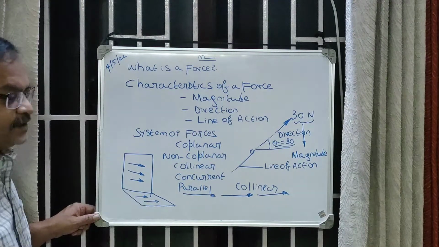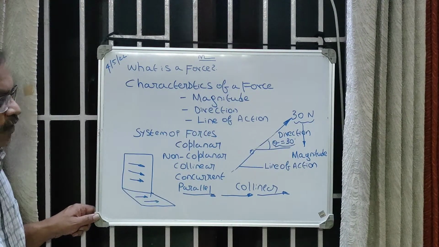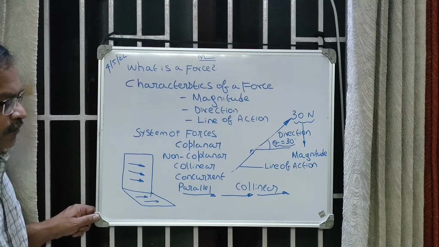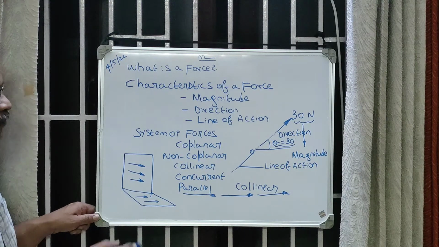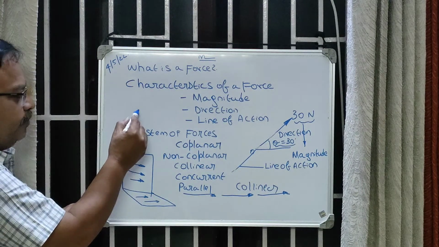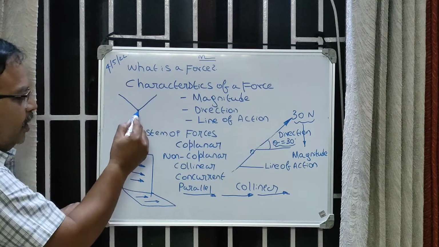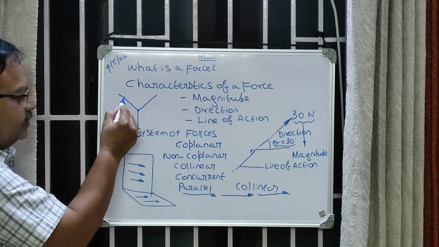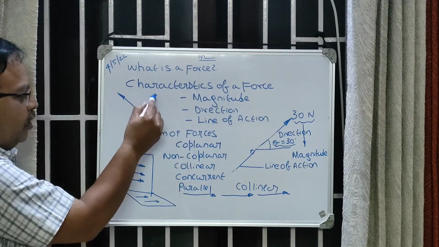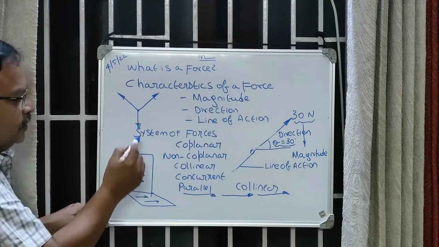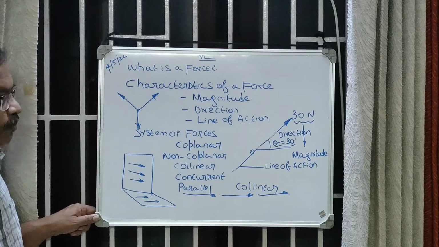The next category is concurrent forces. When all the forces converge at a single point, then they are called as concurrent forces. So suppose this is a particle and there are three forces acting on the particle like this. So you can see that all the three forces converge on a particular point.